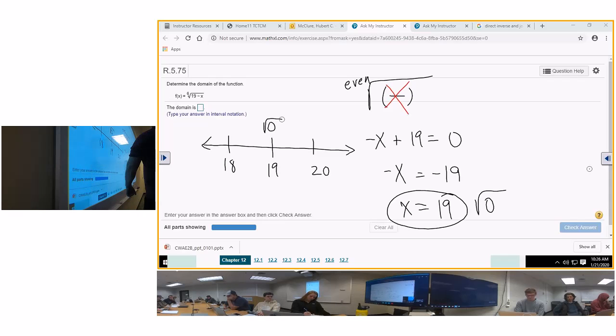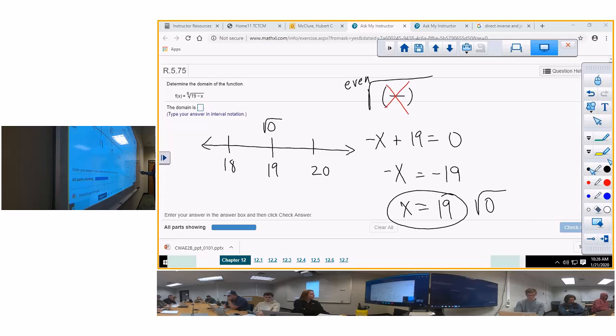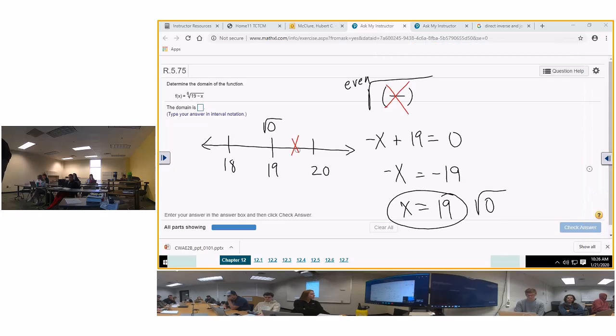So you need to define what you can use in the radical. So what happens when you plug in 20? What's 19 minus 20? Is that good or bad? That's bad. So you can't use those numbers.